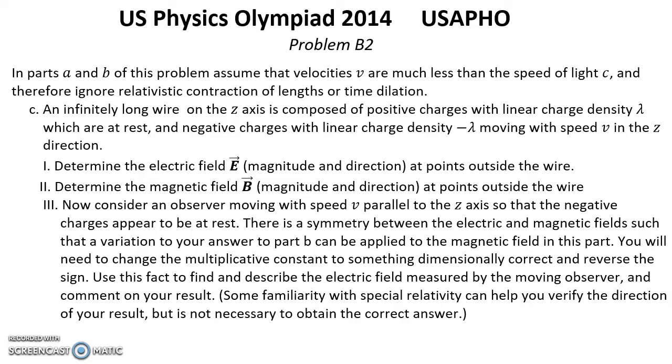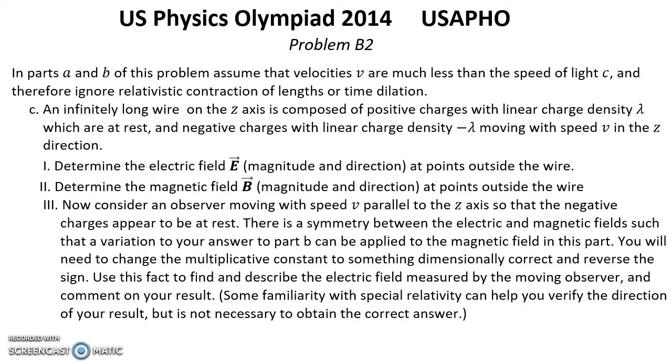Question 3. Now consider an observer moving with the speed v parallel to the z-axis, so that the negative charges appear to be at rest. There is a symmetry between the electric and magnetic fields, such that the variation of your answer to part B can be applied to the magnetic field in this part.